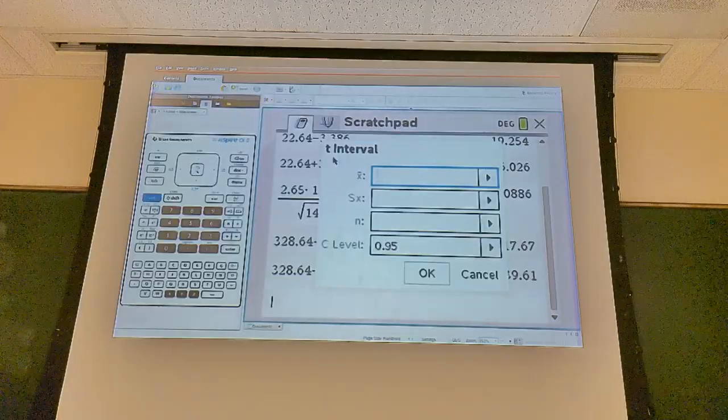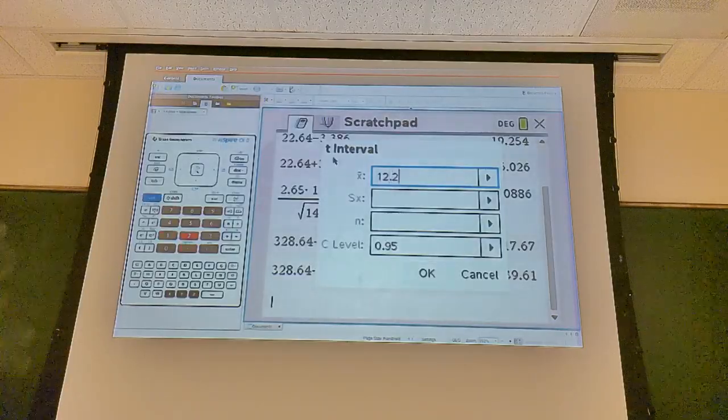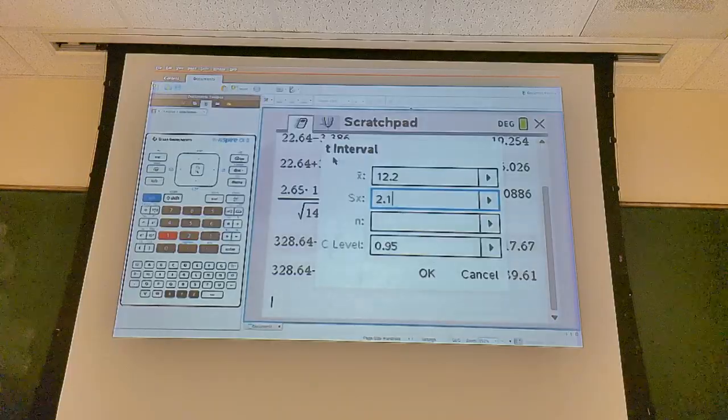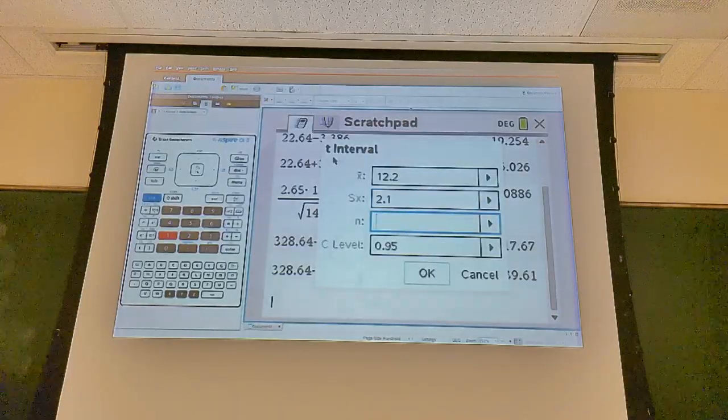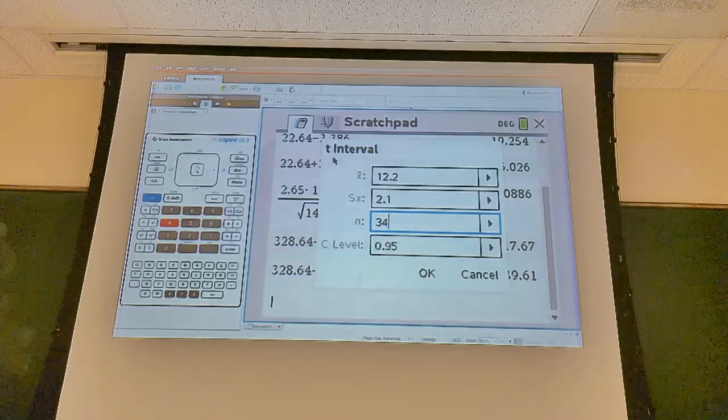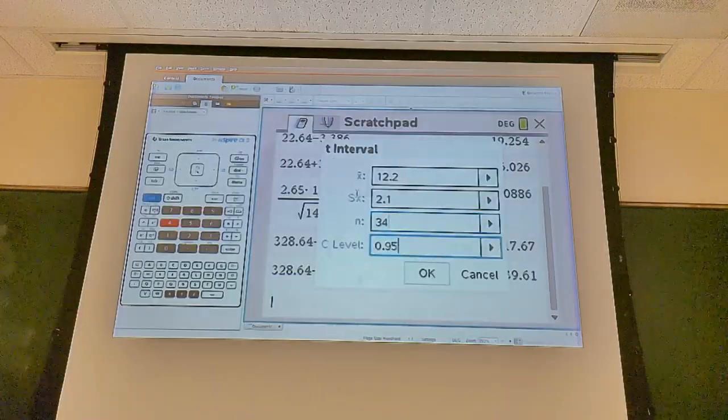So we're going to have to enter our mean, our standard deviation, and our sample size, and the confidence level. This was 95%, right? So that's all we need.